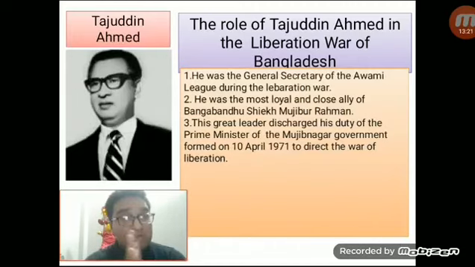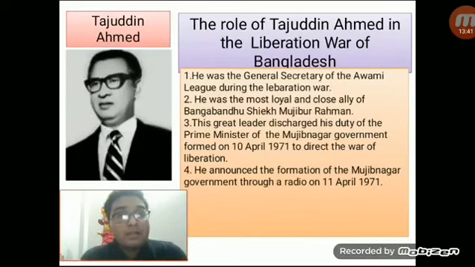Dear students, we know that on 10th April 1971, a temporary government was formed, named the Mujibnagar government, and Tajuddin Ahmed was the Prime Minister of this government. At the same time he was the Defense Minister of the Mujibnagar government.